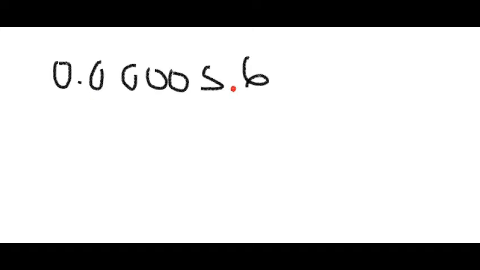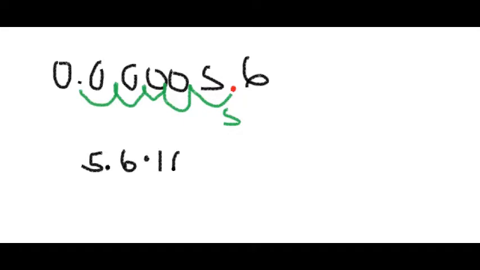So how many places did we move it? Well, we're moving it 1, 2, 3, 4, 5. So we moved it 5 places. So the answer is going to be 5.6 times 10 to the negative 5th power, because we went this way. If we went the other way, it would be positive. Alright?